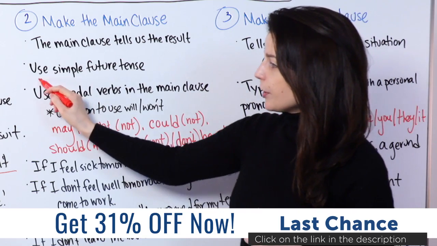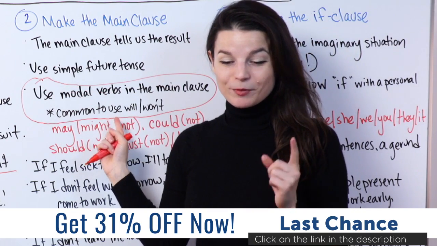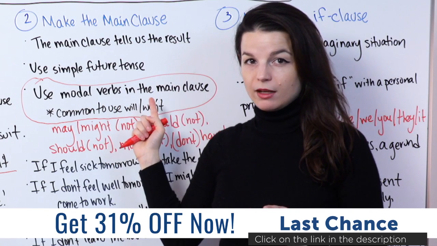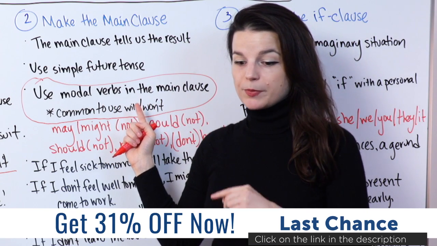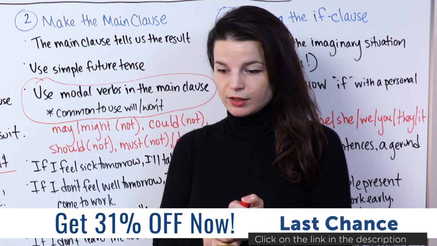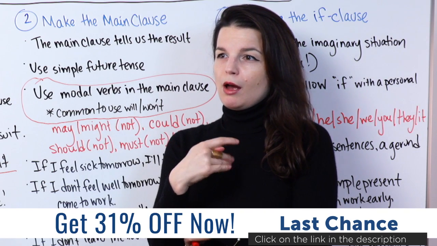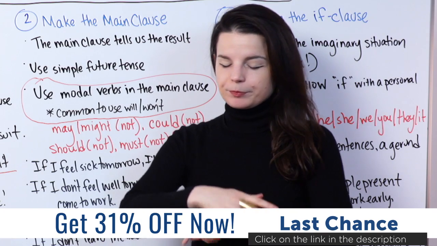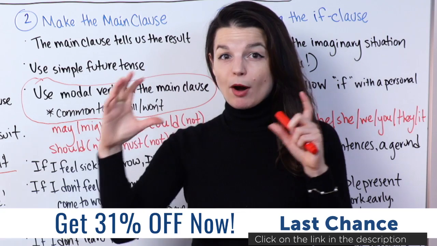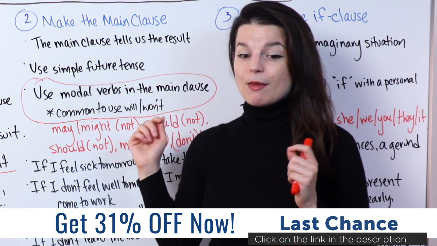Now, I think the most important part of today's lesson is this. This is today's big point. So please remember this part. Use modal verbs in your main clause. Do not use modal verbs in your if clause. A very common mistake I see with students is they use, for example, if I will, or if I won't, something like that. We don't use those modal verbs in if clauses. So in the part of your sentence that uses if, no modal verb there. Use them in the main clause.